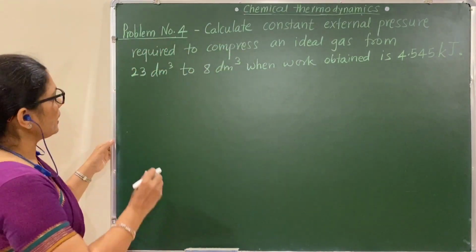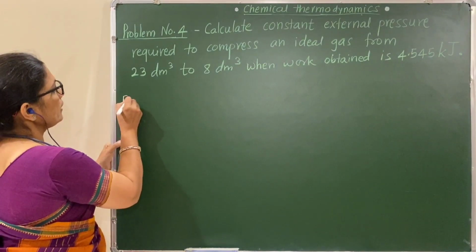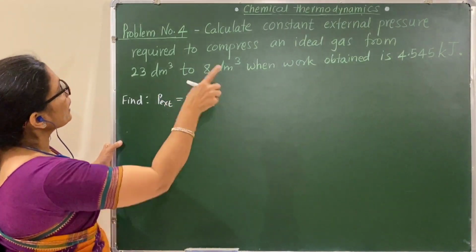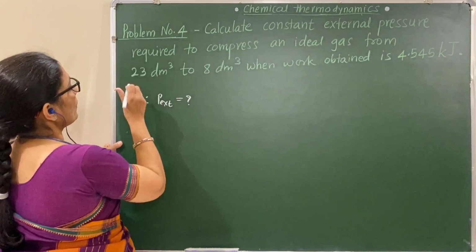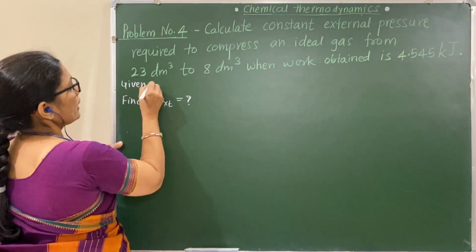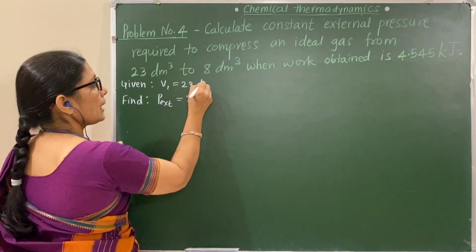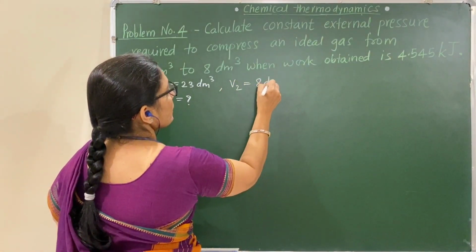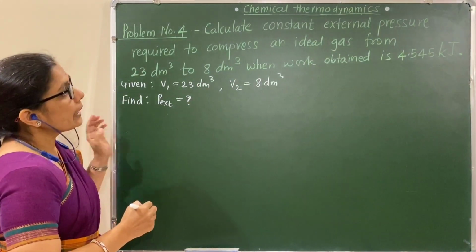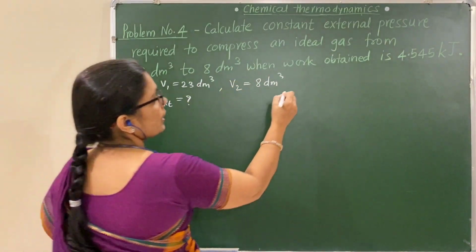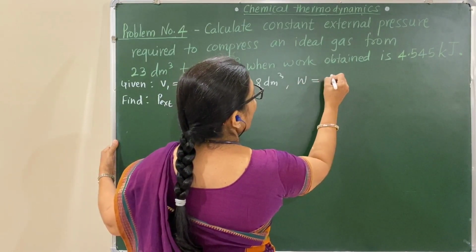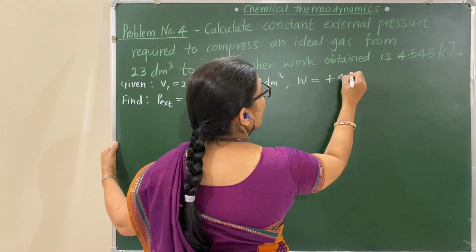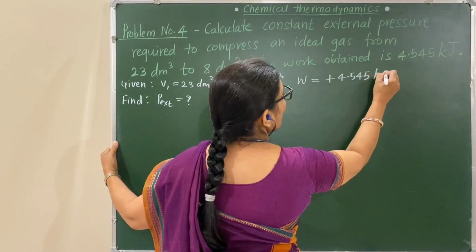Calculate the constant external pressure, that is, find the external pressure required to compress an ideal gas from V1 is equal to 23 dm cube to 8 dm cube, that is V2 is 8 dm cube, when work obtained is equal to, as gas is compressed, therefore plus 4.545 kilojoule.